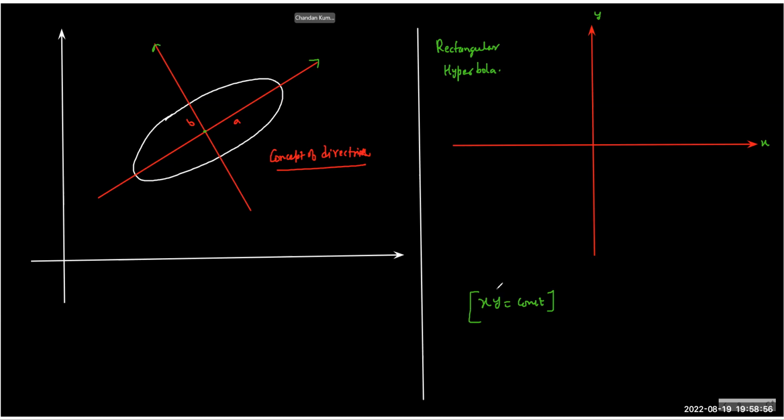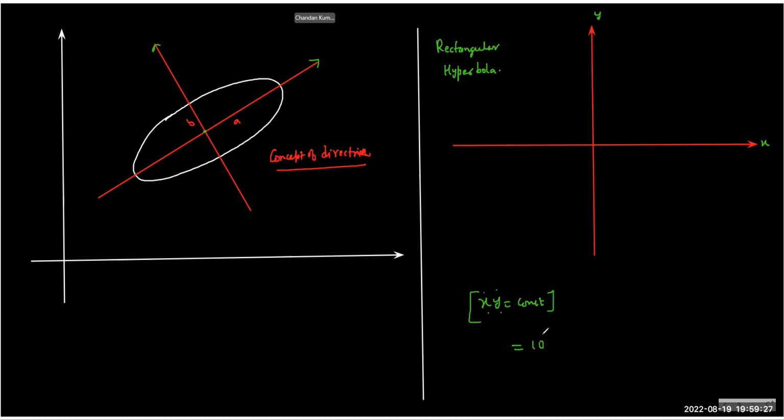If one increases, the other has to decrease because the product is constant, isn't it? If x tends to 0, y must tend to infinity because the product has to be kept constant.